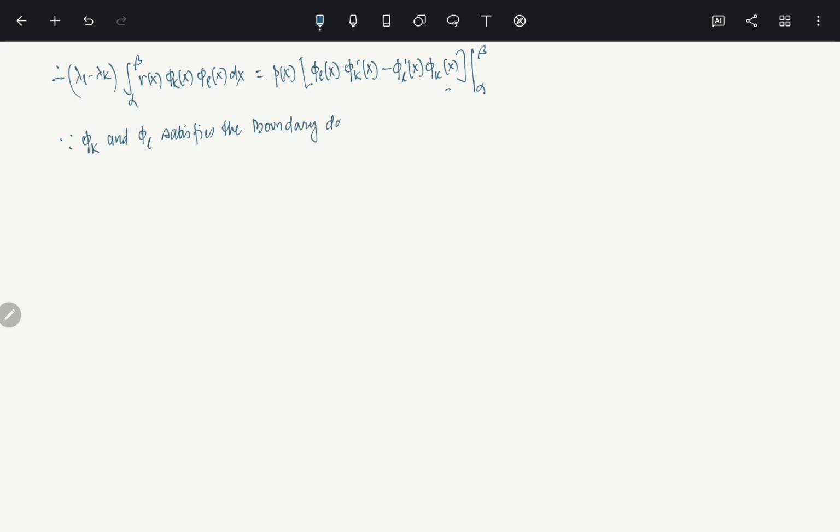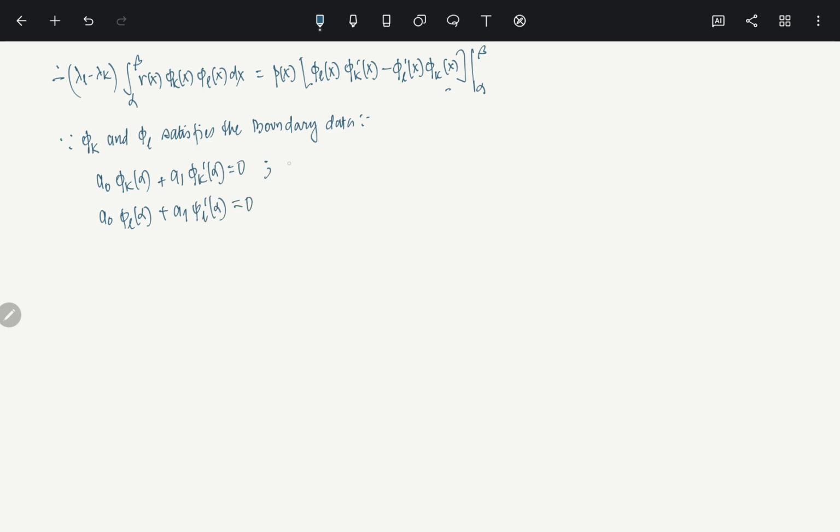Okay, so what does that mean? It means that a0 times phi k at the point alpha plus a1 times phi k prime at the point alpha is equal to 0. And similarly, a0 times phi l at the point alpha plus a1 times phi l prime at the point alpha is 0.